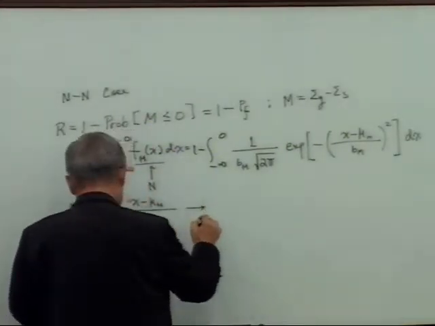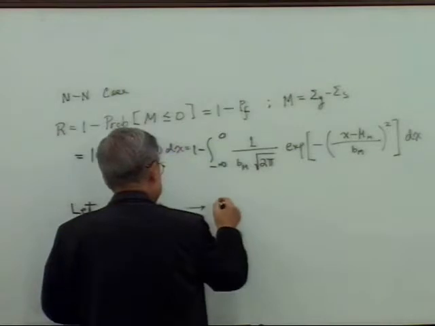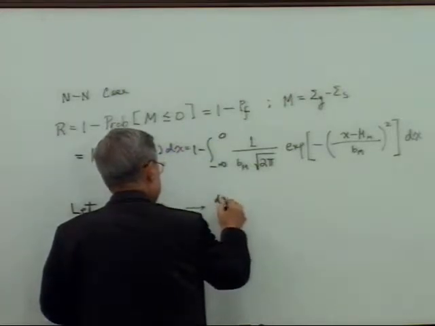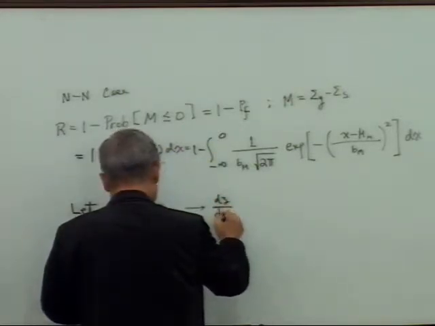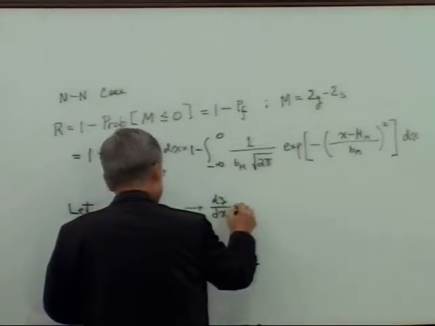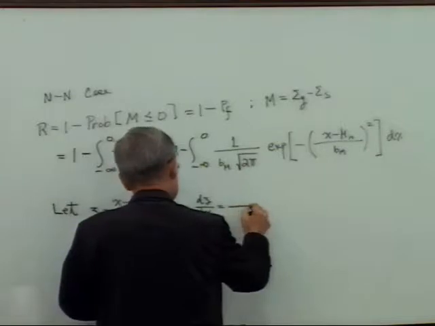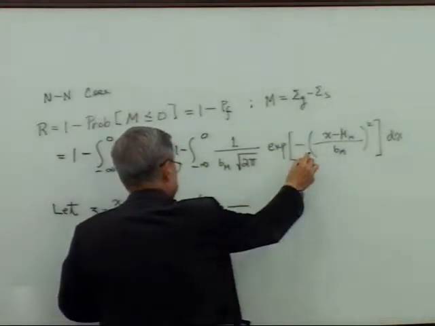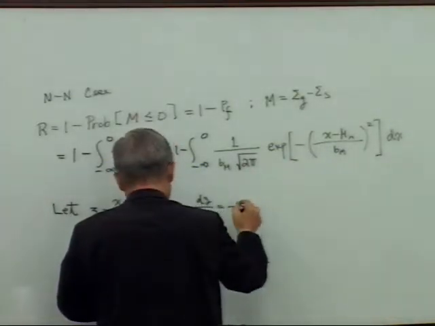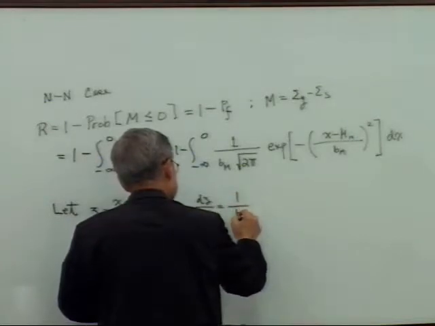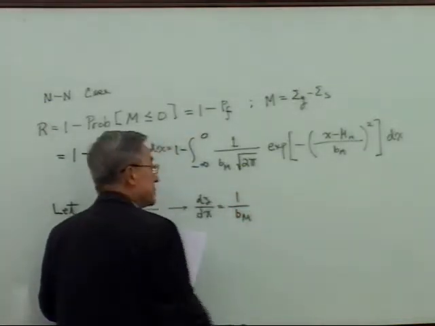Then you take the differentiation, dz over dx is equal to, just differentiate that portion, 1 over sigma_M.